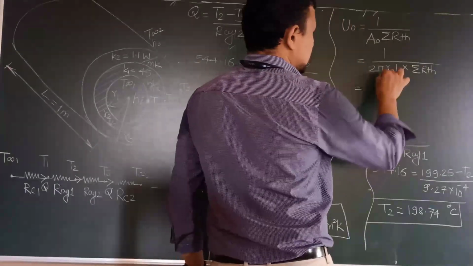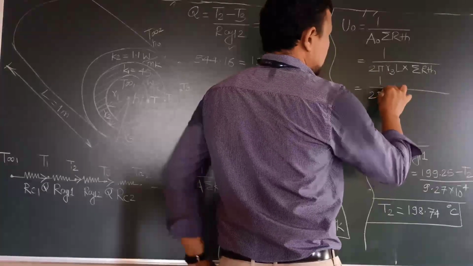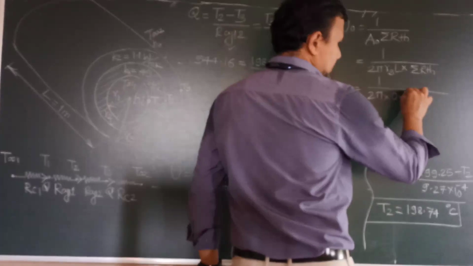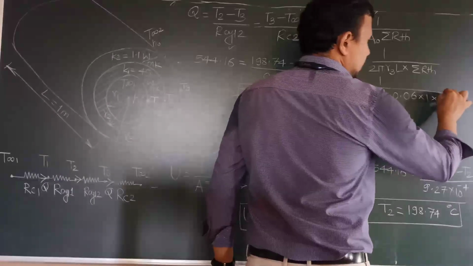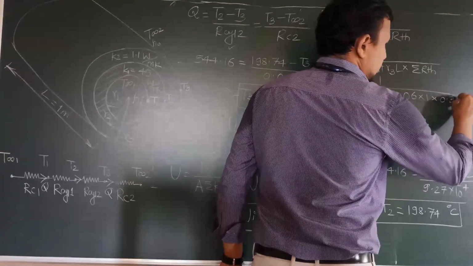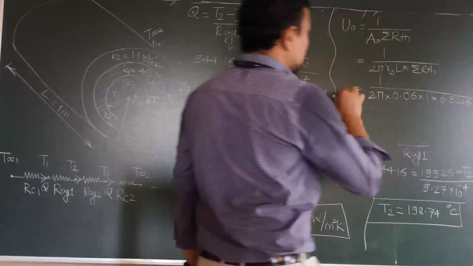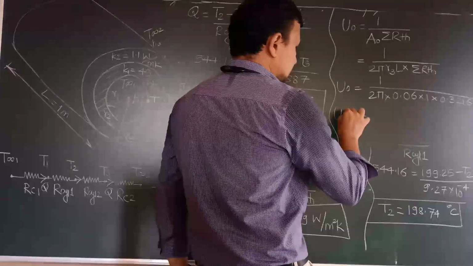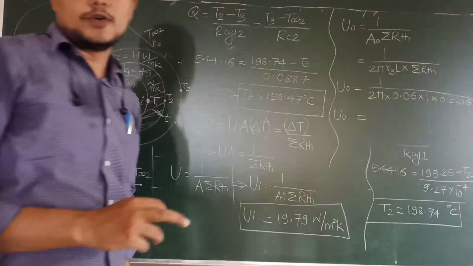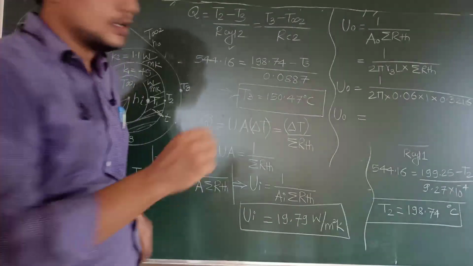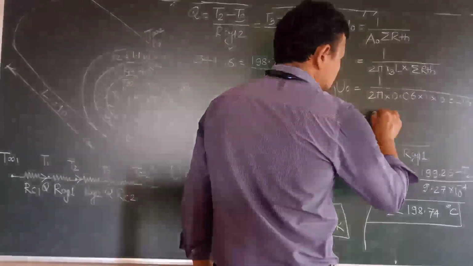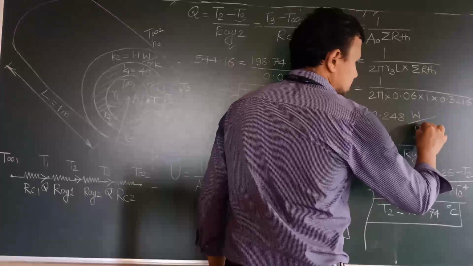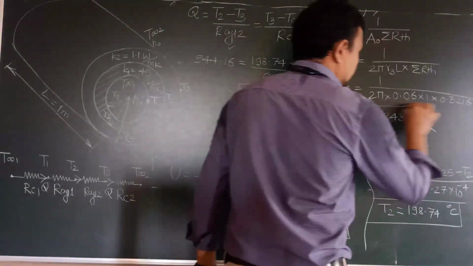So this will be equal to 1 upon 2 pi, R3 is nothing but 6 centimeter, so that is 0.06 meter, into 0.3216, and that is equal to U0. What you will calculate is overall heat transfer coefficient based on external surface. It will come out to be 8.248 watt per meter square Kelvin.